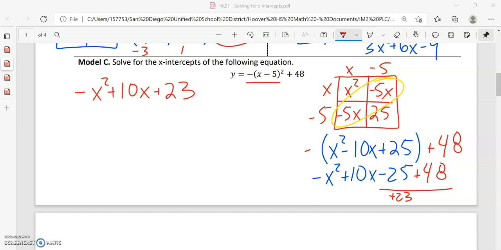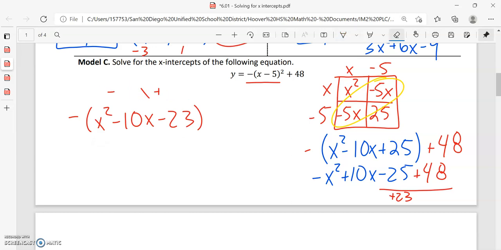We could factor out this negative sign. So we get x squared minus 10x minus 23. Now, the problem here is we cannot easily factor this, okay? So we're going to solve it in a different method. So quite honestly, everything we did is actually all for naught. I just want to show you why we're changing our method. Because sometimes we can't factor our equation.